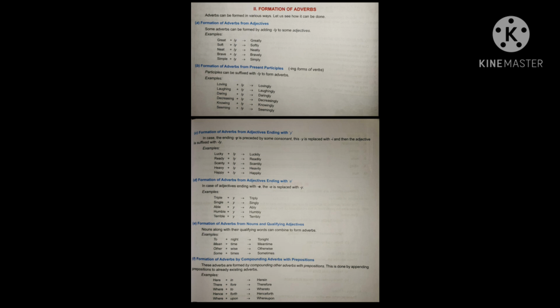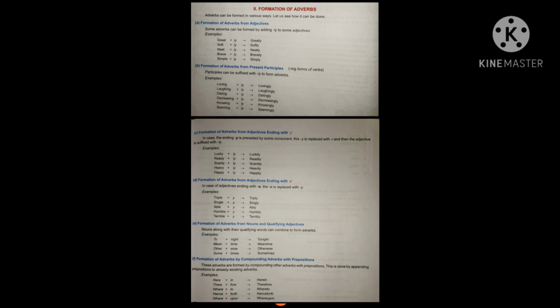K is a consonant sound. So if we want to make an adverb, what we have to do? We have to change this y to i. So y will change into i, and the spelling will change: luckily. Luckily, y will change into i. Likewise, you can see many examples over there.